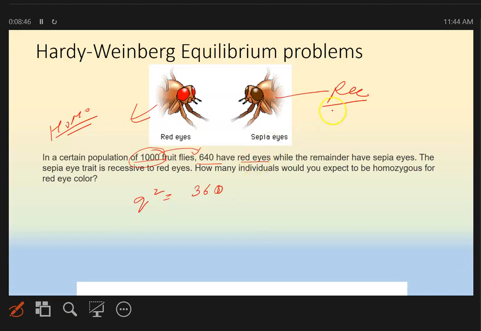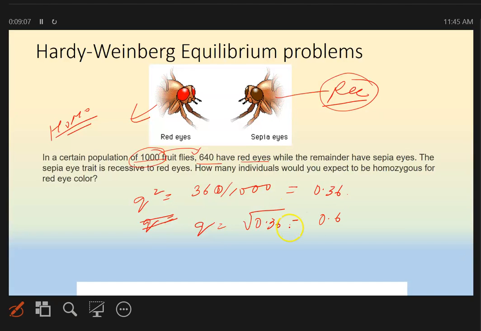Remember, I said sepia is the recessive. So Q squared is 360 divided by 1,000, which equals 0.36. So Q equals the square root of 0.36, which equals 0.6.